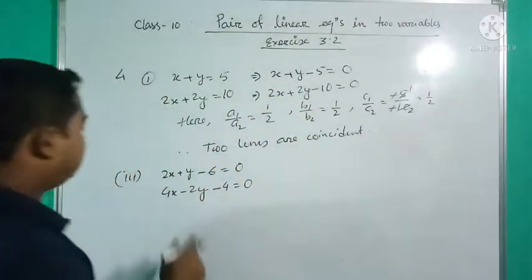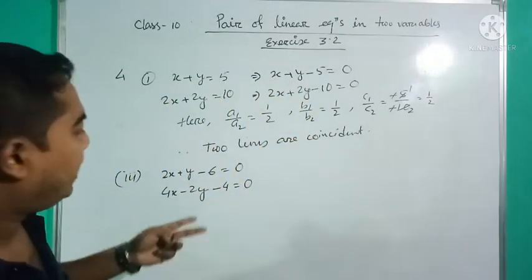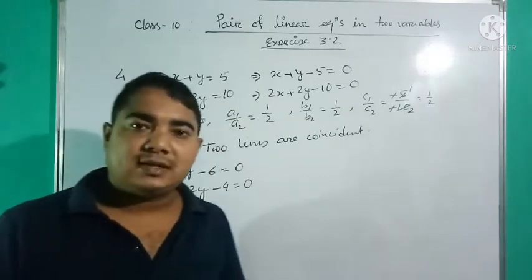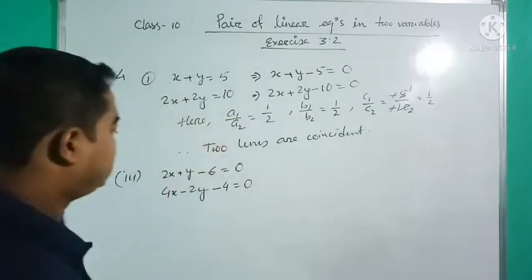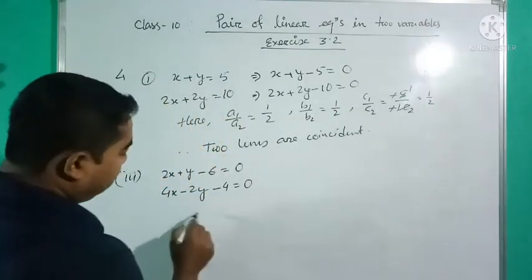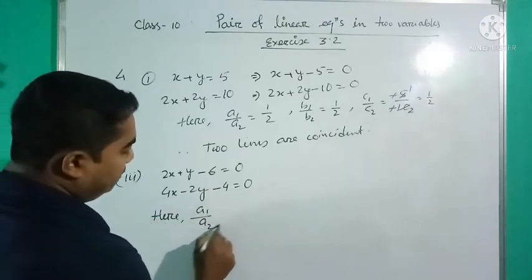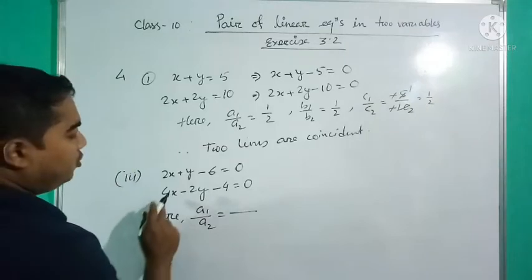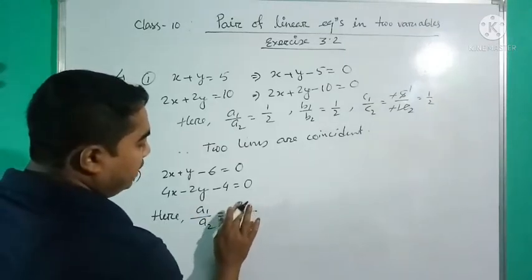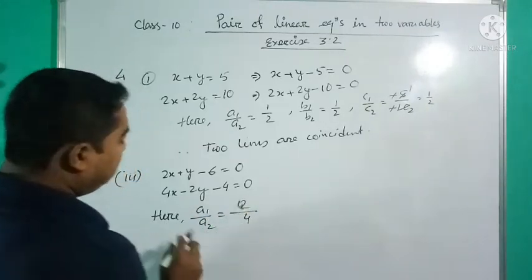Now question number 3. Question number 3 is again the same question, consistent or inconsistent. See here a1 by a2: a1 value 2 and a2 value 4.